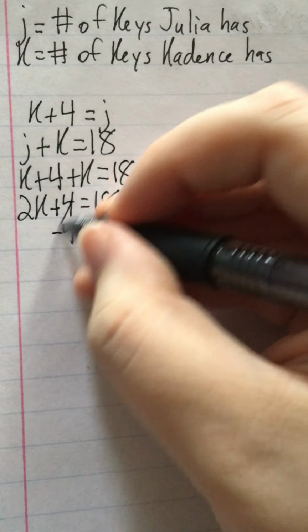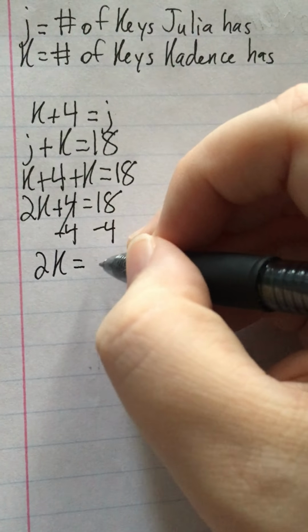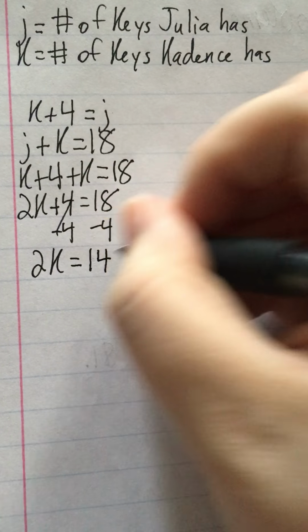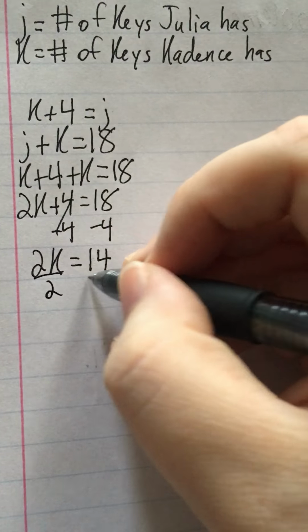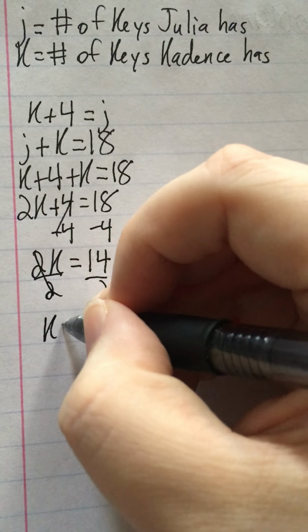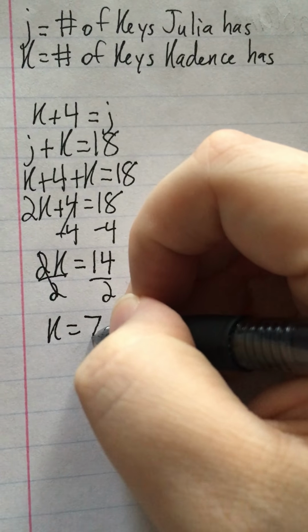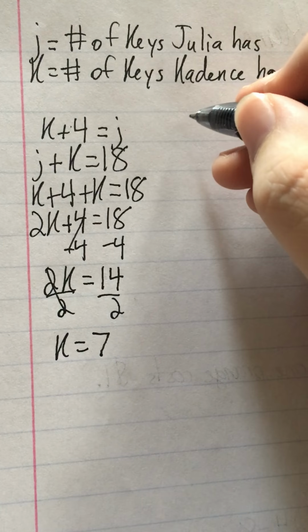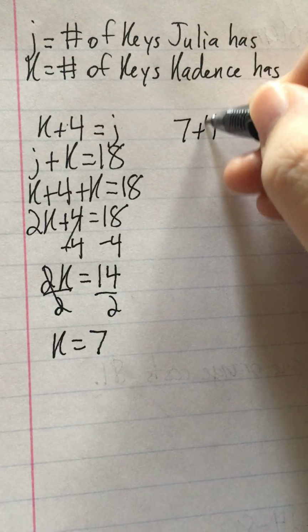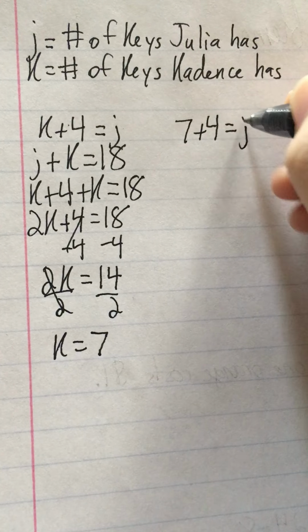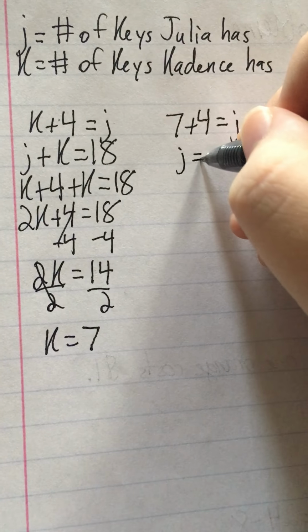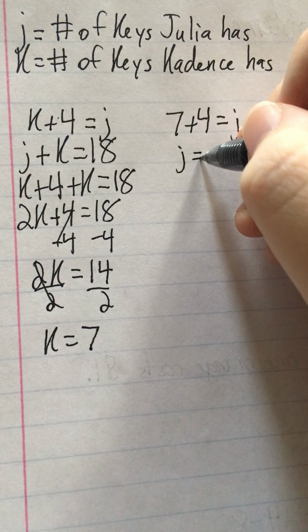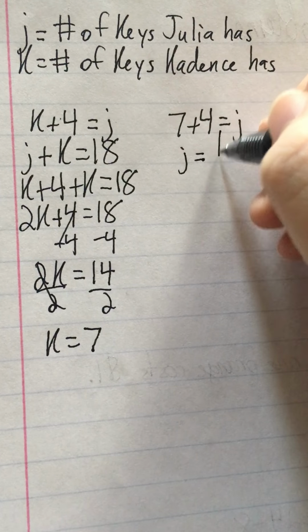Subtract 4 on both sides, and I'm left with 2K is equal to 14. Divide by 2 on both sides, and we're left with K is equal to 7. So I'm going to plug that into this top equation up here. So then we get 7 plus 4 is equal to J. So we get J is equal to 11.